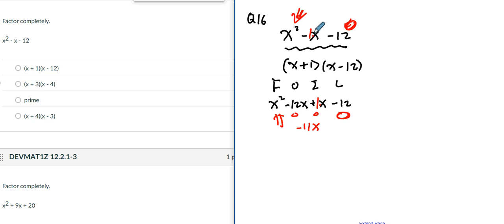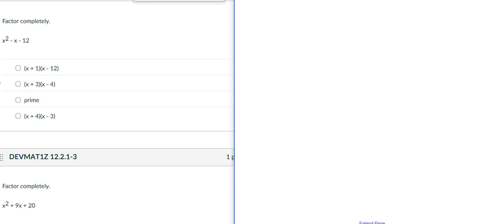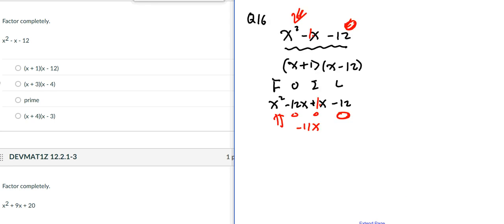Negative 1x. So this tells us that when you combine the inner and outer products, the constant is not the one we desired. Here you see is negative 1, here is negative 11. Then apparently this one will not be our choice.